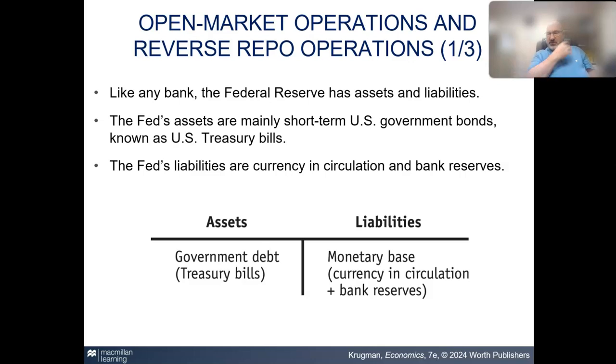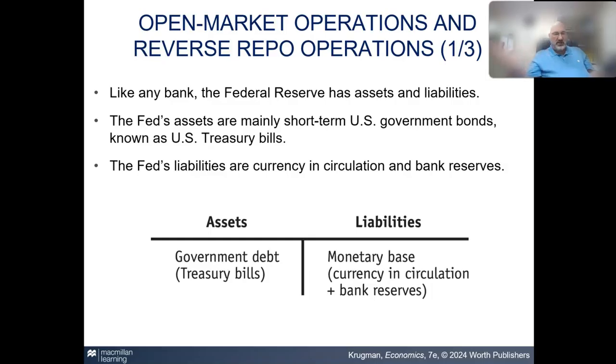They're completely opposite. So the Fed's assets are mainly short-term U.S. government bonds, known as U.S. T-bills, and the liabilities are currency in circulation and their reserves. So that is what that looks like for the bank balance sheet.